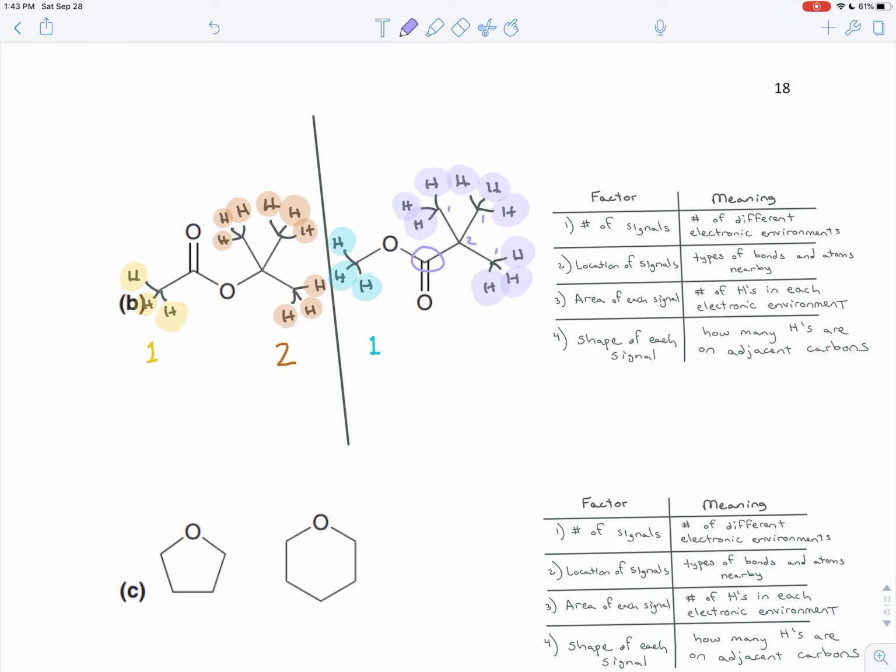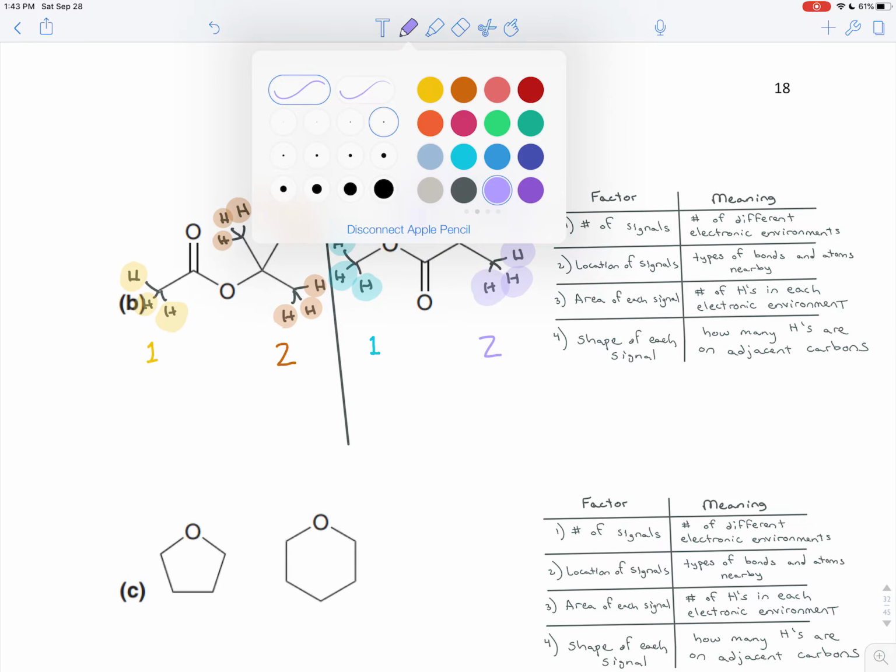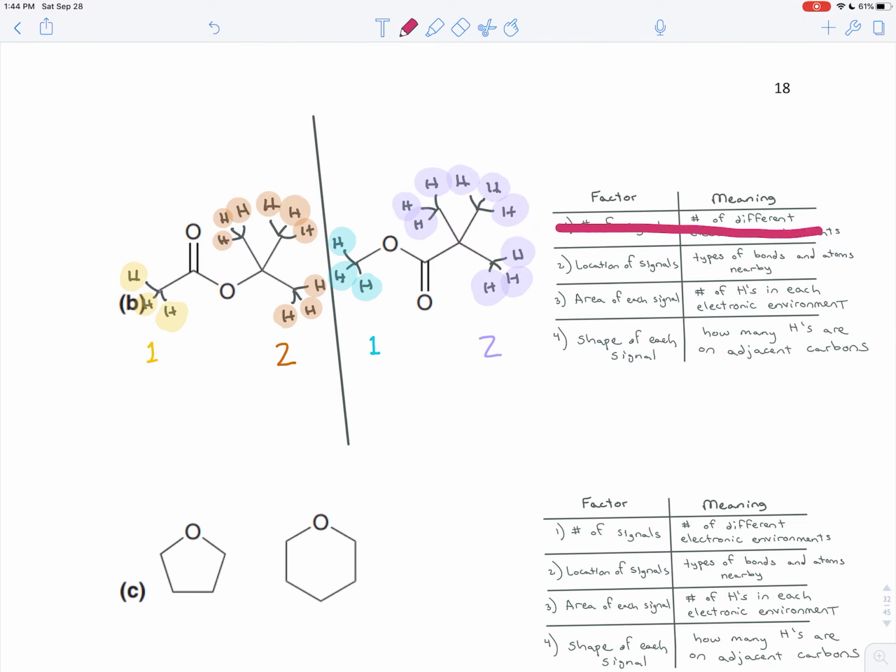They're all the same distance away from the rest of the molecule. And so they're surrounded by the same stuff. They're the same distance away from the same stuff, so they're all in the same electronic environment. So that would be our second signal. So in both of these molecules, you get 2 signals. So we can't use the number of signals to tell the molecules apart.